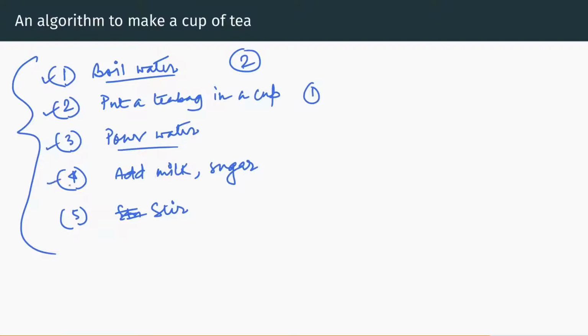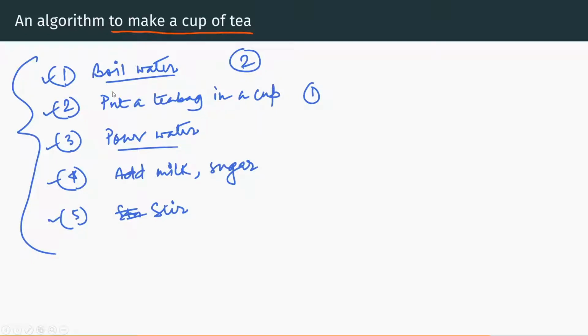Adding milk and sugar is an operation. Stirring is an operation, right? So all these are operations, and once you have a sequence of operations, then you have an algorithm. And this algorithm solves a particular problem, which is to make a cup of tea. That is the algorithm to make a cup of tea, right?